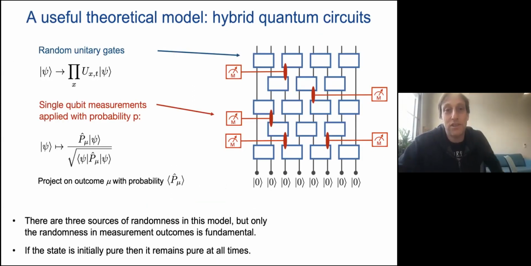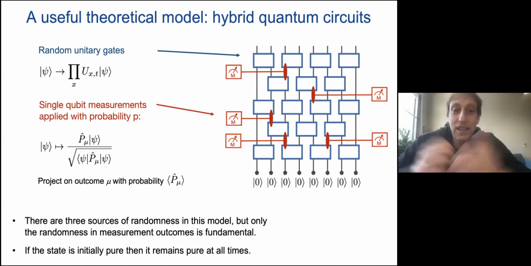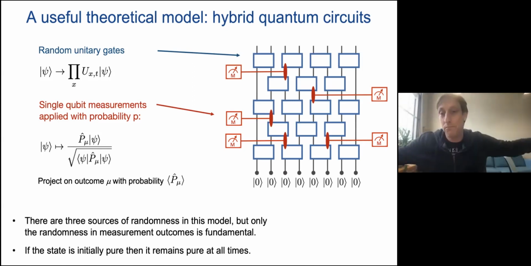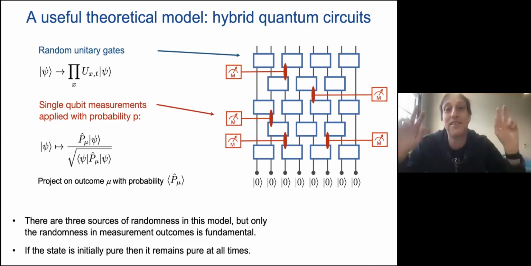Okay, so now this is a really nice model. What we want to know, for example, the simplest thing we want to know is whether there is non-local information in the state. We imagine a very wide circuit, infinitely wide circuit if you want, and we apply the gates for infinitely long time and measurements. And we want to know in the steady state, when the system has, so to speak, thermalized, whether there is non-local information left in it.